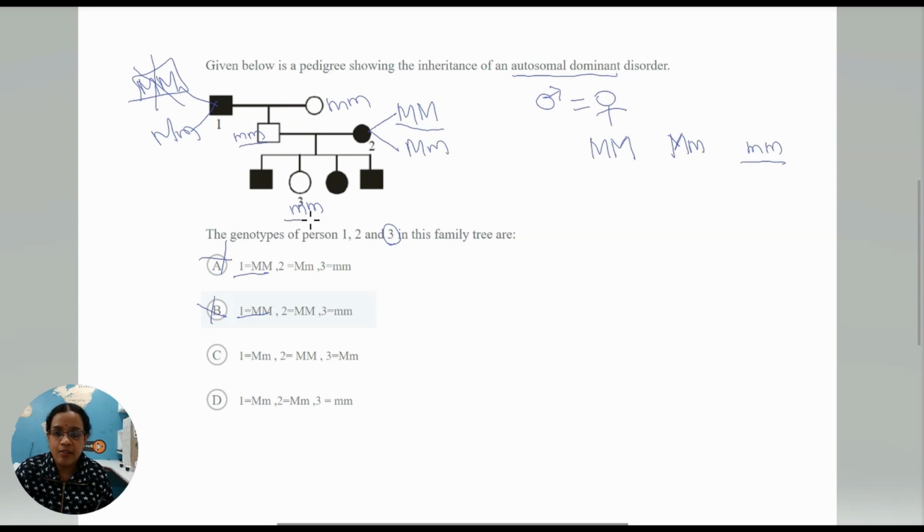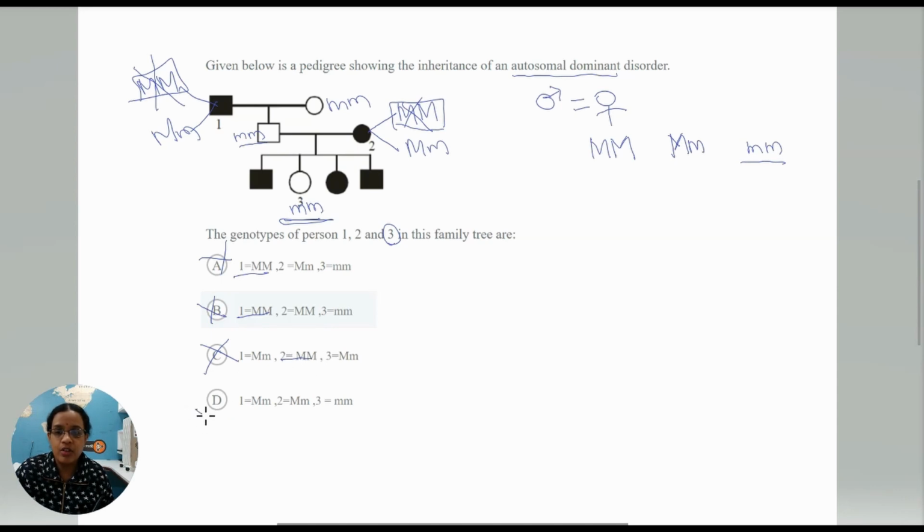But we have a disease-free person in the number 3 position. So in this case also we can rule out the possibility of person 2 being homozygous dominant. Now we eliminate the option which shows person 2 to be homozygous.